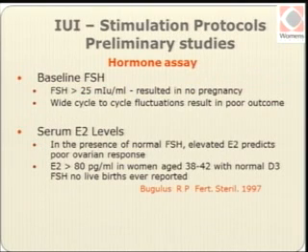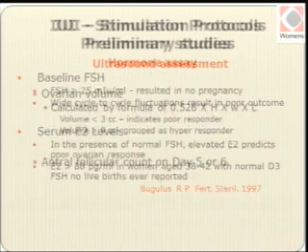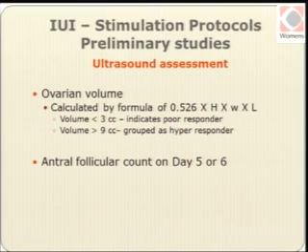Hormone assays: very high levels of FSH result in no pregnancy, and wide cycle-to-cycle variations of FSH also usually result in a poorer outcome. E2 levels, in the presence of a normal FSH, if elevated, usually predict a poor response. With E2 levels of over 800 picograms in women aged 38 to 42, even with normal day 3 FSH levels, live births become a little bit more scarce.